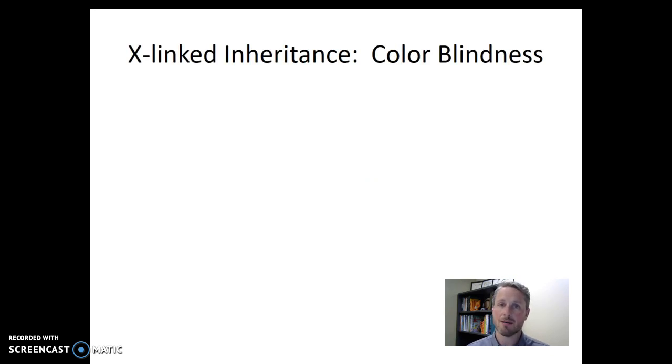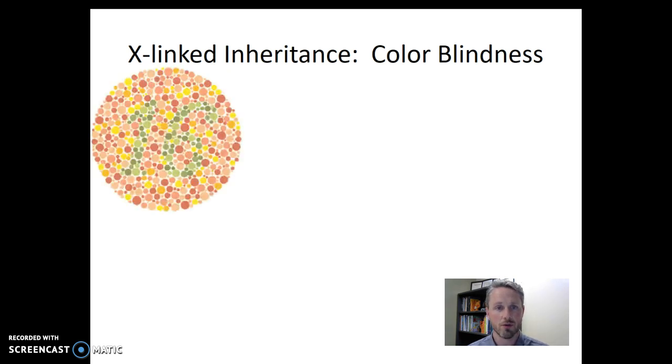Maybe you've seen some of these colorblind test patterns before. I'm going to show a few examples. Here's one. So you see this circle of colored dots, and a non-colorblind individual will see some pattern emerge from those dots, usually a number. But colorblind individuals can't distinguish the color differences between the dots as well, and so they won't be able to see the number.